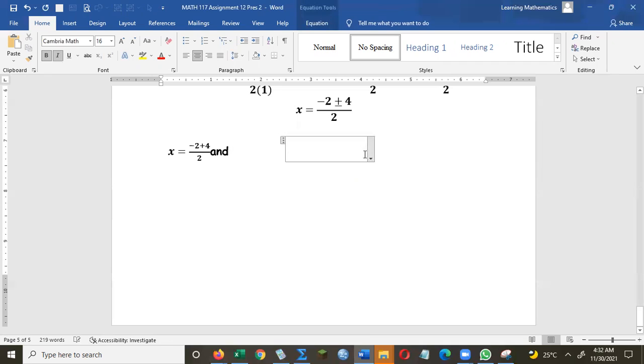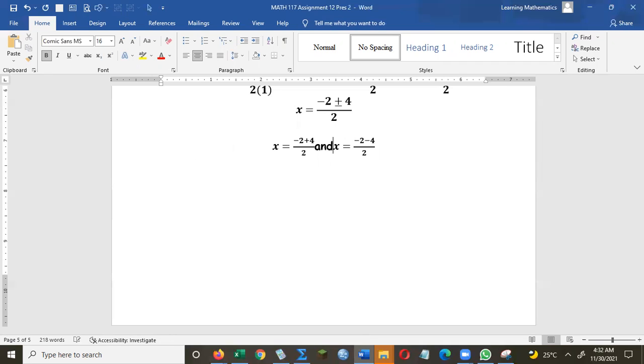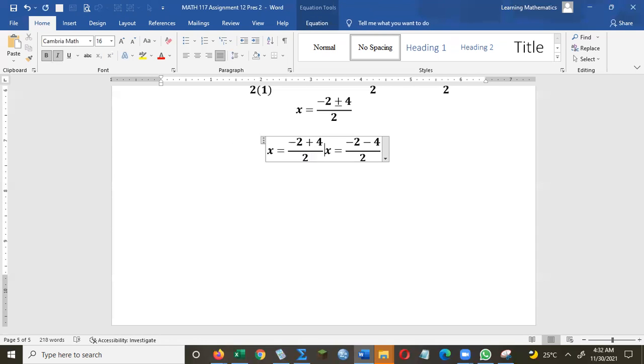Minus 2 plus 4 will give us 2 over 2, which is equal to 1.